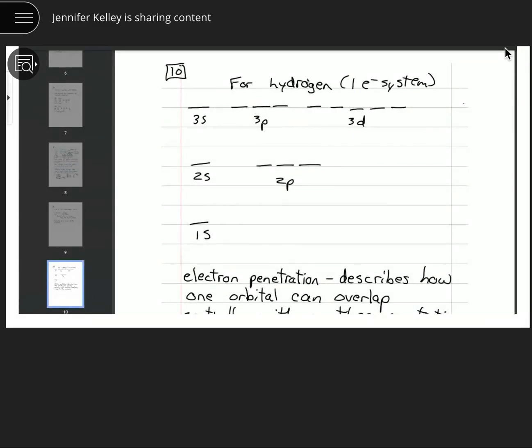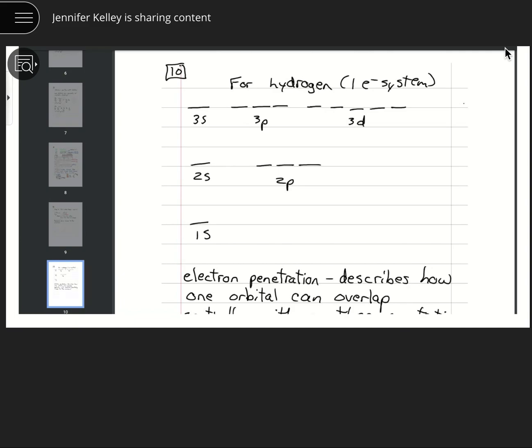So for hydrogen, this is the orientation of the levels. Notice it goes ones and then twos, and they're all on the same height. So as you go up, the energy gets higher. So all the two S's and two P's have the same energy. And then the three S's, three P's, and three D's all have the same energy.